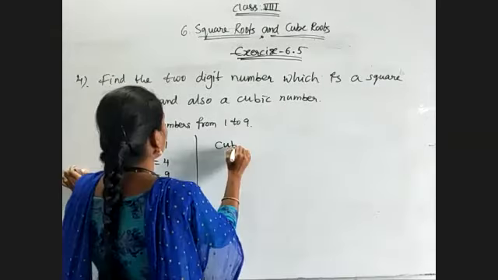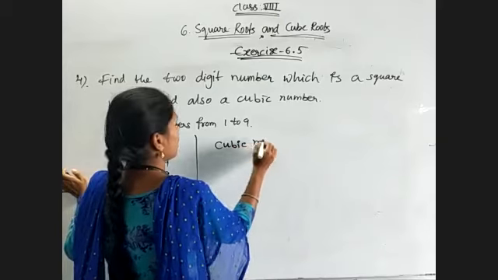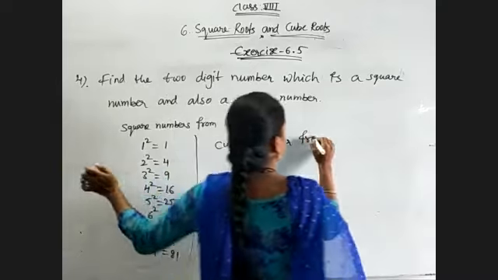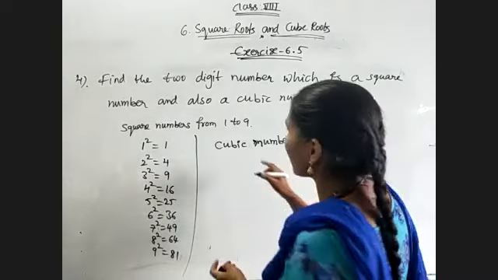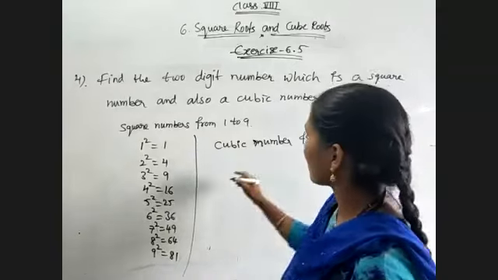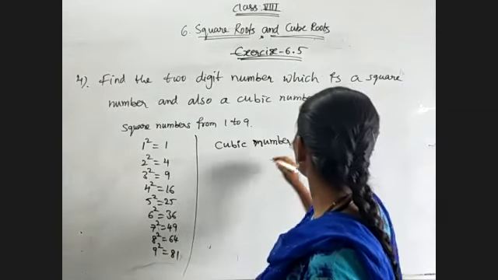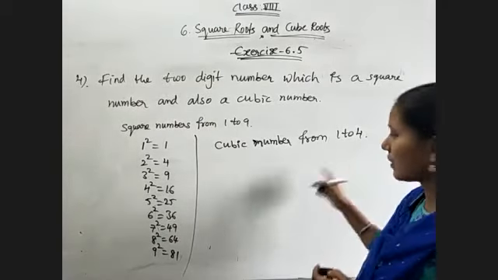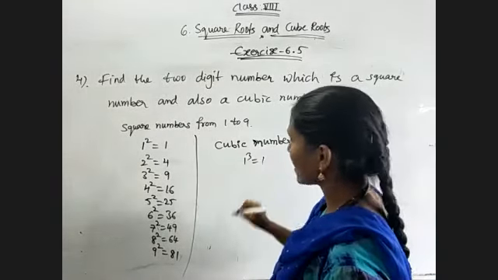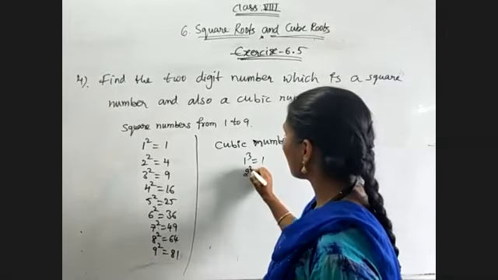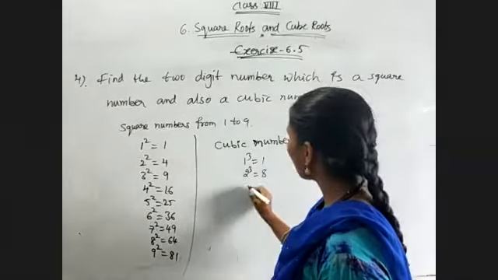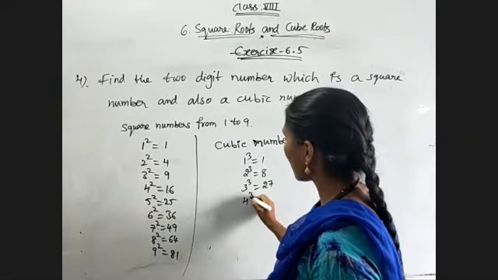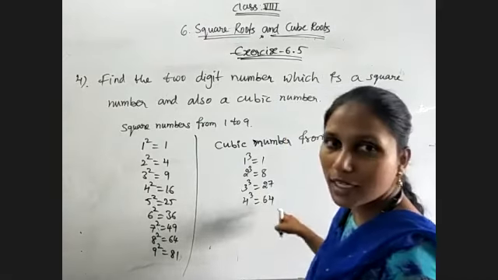Now write the cubic numbers from 1 to 9. Cubic numbers from 1 to 4, because the cube of 5 will give 125. Let's see. 1 cube is equal to 1, a single digit number. 2 cube also is a single digit number. 3 cube is equal to 27. 4 cube is equal to 64. 5 cube we will get 3 digits.